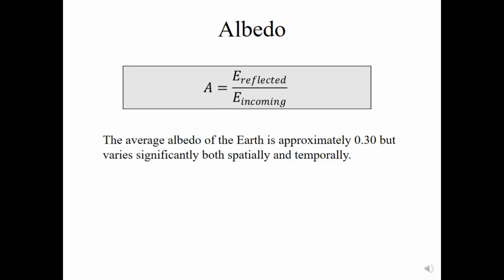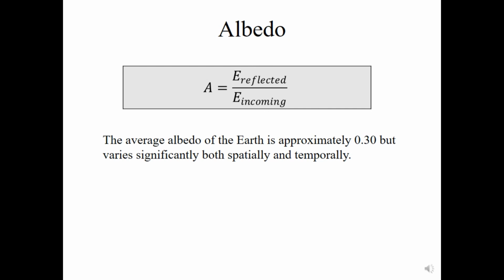Next, we'll define the albedo. The albedo is simply defined as the irradiance reflected divided by the irradiance that is incoming. So it looks at the reflectivity of an object. And if we look at the reflectivity of the Earth as a whole, the Earth reflects about 30% of the incoming solar radiation. So that means that the albedo is 0.3.